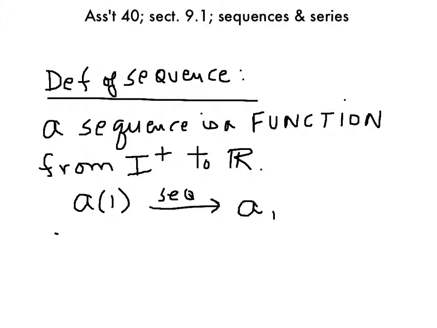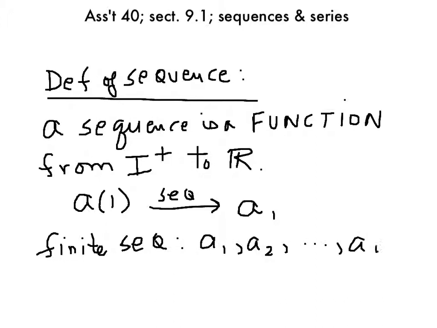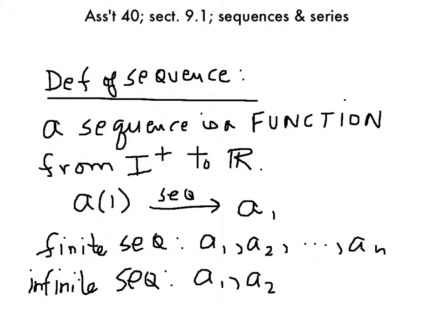And so a finite sequence is written as a sub 1, a sub 2, up to a sub n. And an infinite sequence obviously would look like a sub 1, a sub 2, a sub n, and so on.